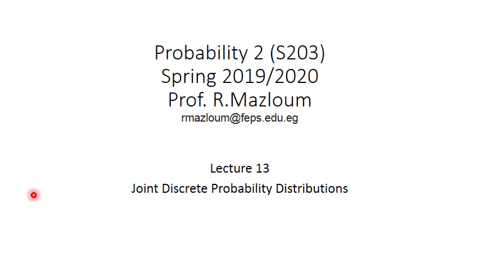Remember, in the univariate case, f of x is what? A probability that X equals x. Here we have X and Y, so it will be the probability that X equals little x and the variable Y equals little y.